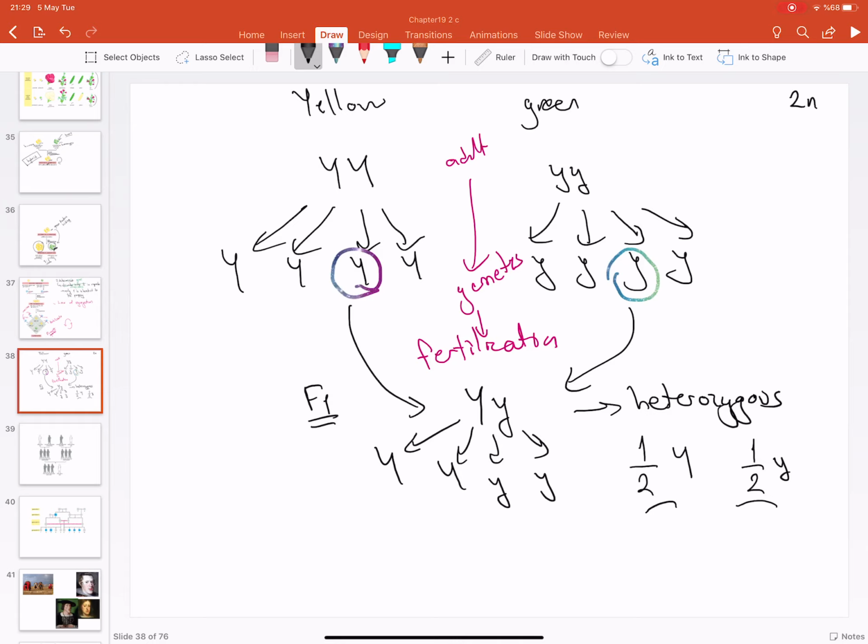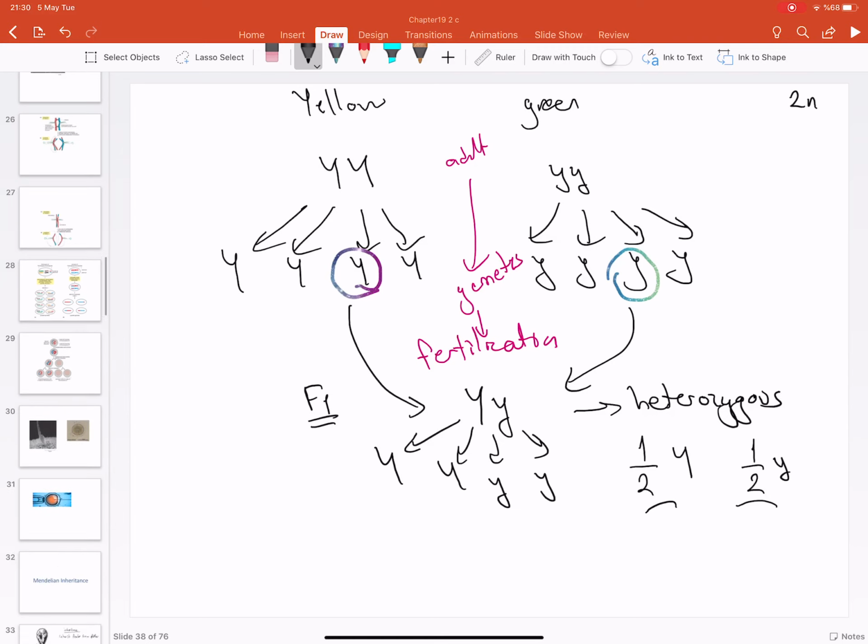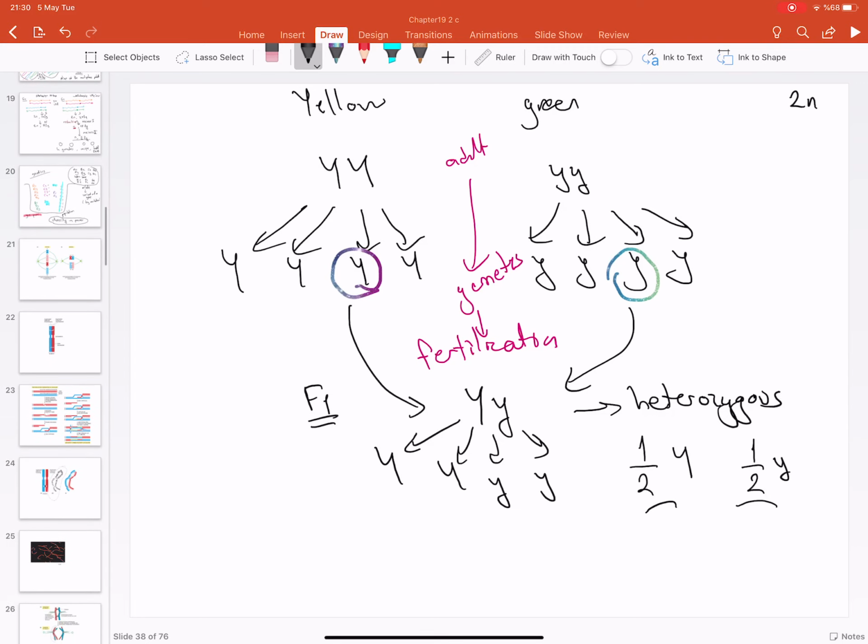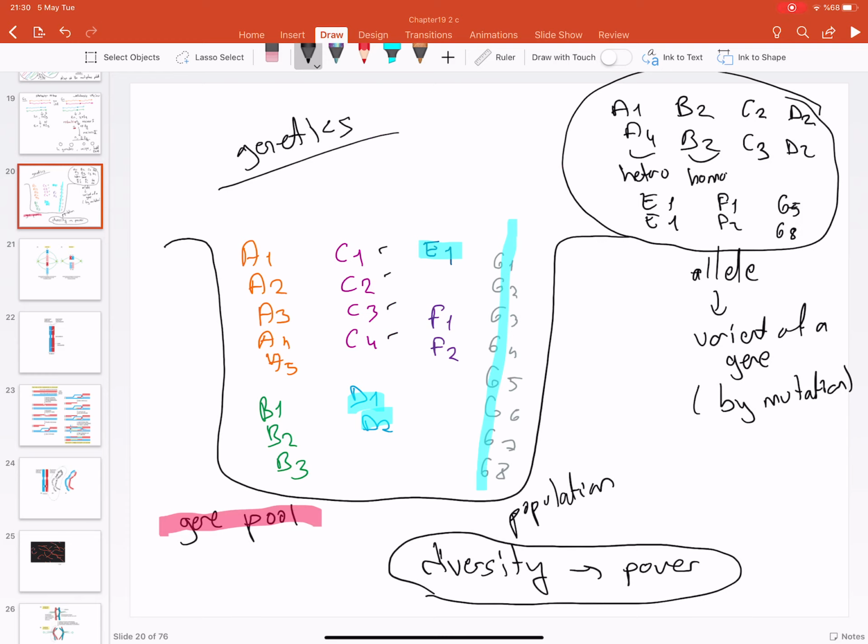Of course, these are the alleles that this organism has, and there are different organisms which are carrying different alleles. Let's see here, if we are talking about the gene G, there are 8 different alleles. So if you're selecting a couple of gametes from these, there are a lot of different combinations that you can have.